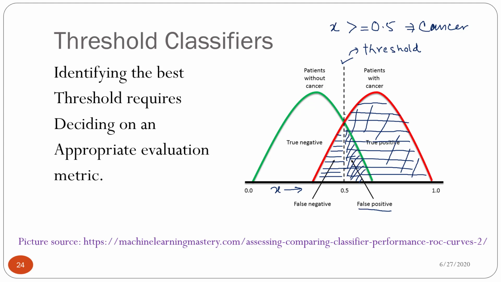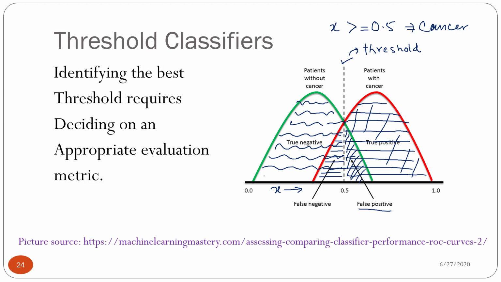Why is this being classified as positive? Because of our threshold. If we are using this threshold and the rule right here, then even these patients who are in fact not cancerous are being classified as positive. And all the green curve on the left hand side of this boundary is true negative.